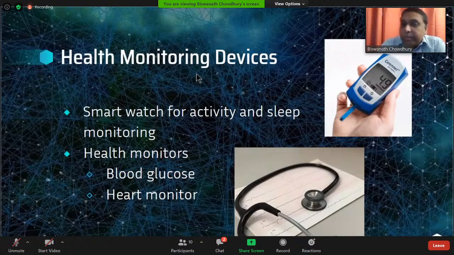For example, I know someone whose heart rate shot up at work, and his colleagues thankfully took him immediately to the hospital, and they found the underlying cause, and doctors were able to take the corrective action. So that was really helpful.